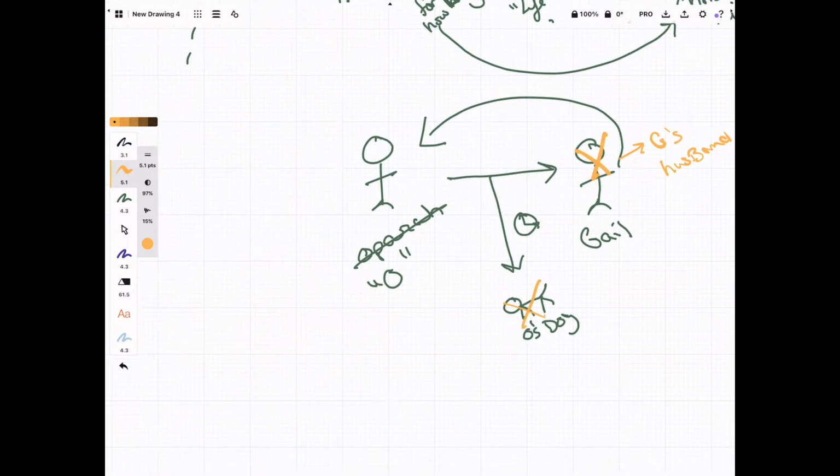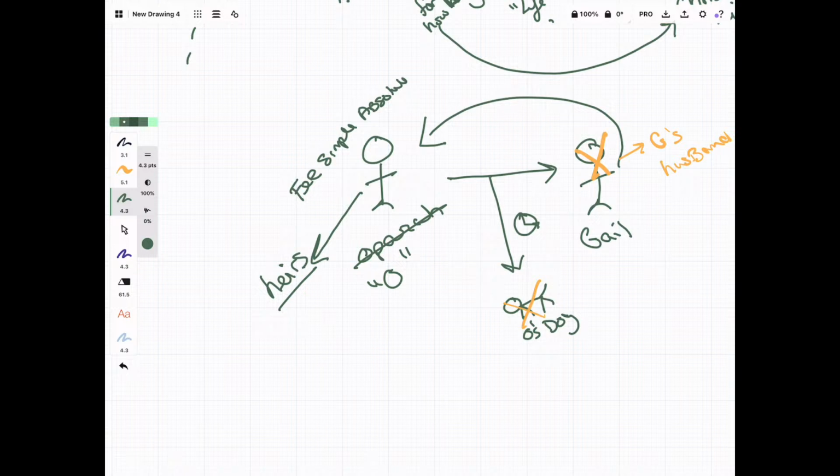Well, y'all remember there was that person who discovered that they were sisters, Oprah's half sister. It would go to Oprah's heirs. But why? Because Oprah would have started with a fee simple absolute.